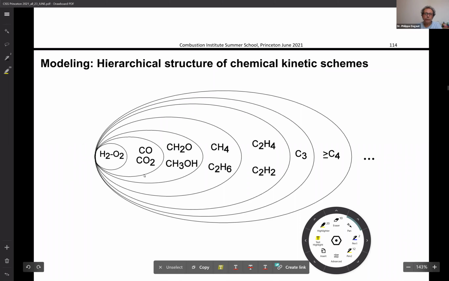So of course, there are strong interactions between these different sub-mechanisms, and this is generally taken into account.